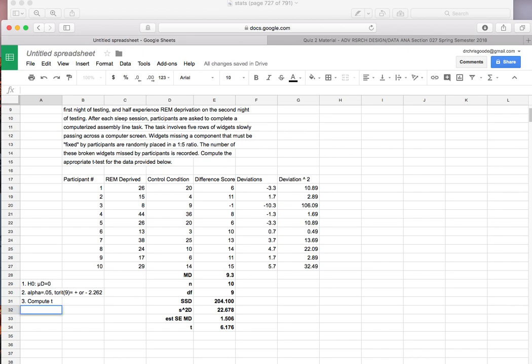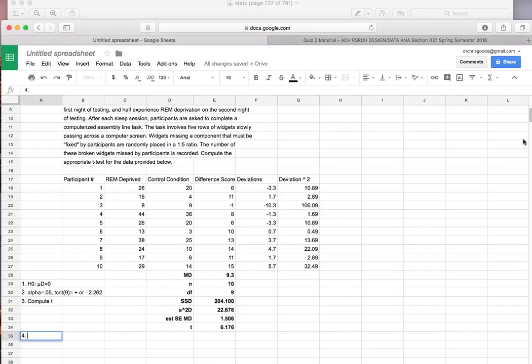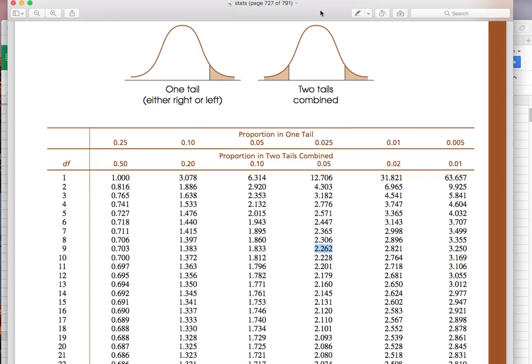Now we have what we need to make our decision. Let's look at the graph. Our critical region is bounded by plus and minus 2.262. Down here it's minus 2.262. Up here it's plus 2.262. So our observed t-value is going to be way over here.